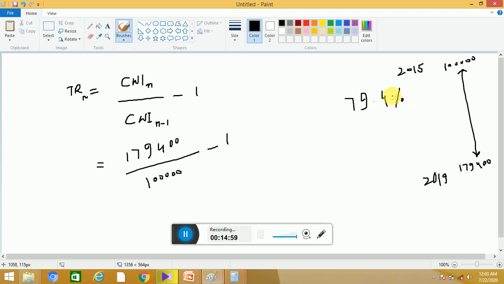That is the total return for these n periods of time, means we earned 79% return in these 5 years. So cumulative wealth is used for calculating the total return.